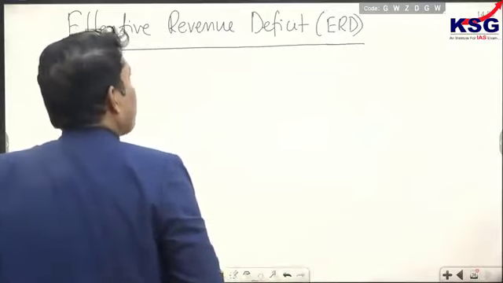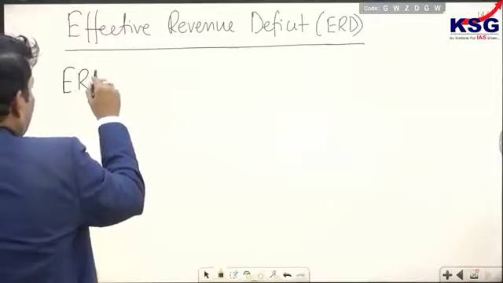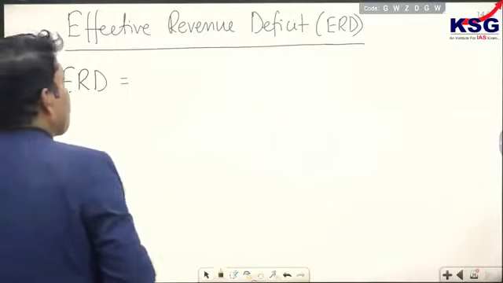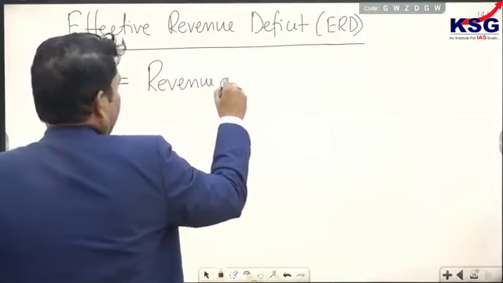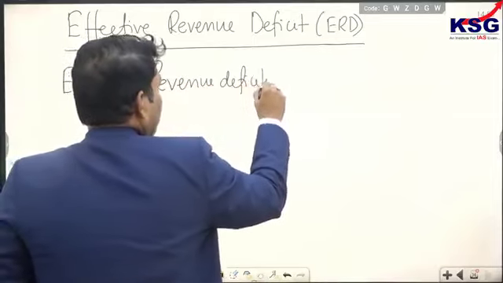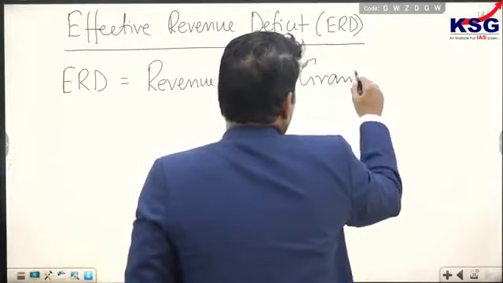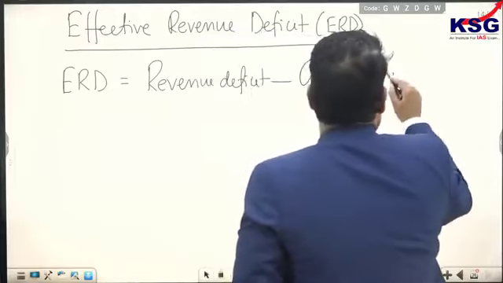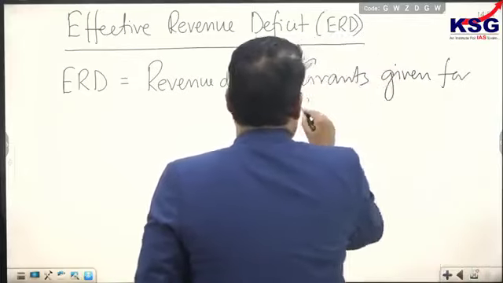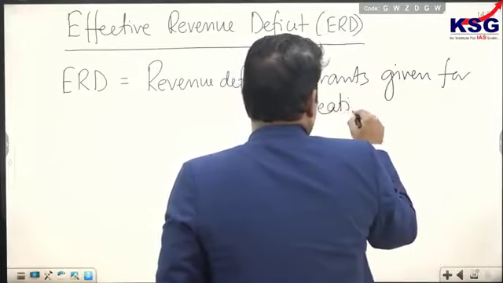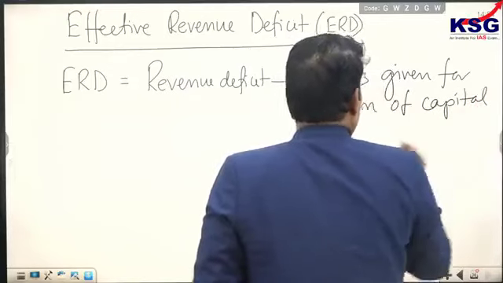Now ERD, effective revenue deficit, is equal to revenue deficit minus grants given for creation of capital assets.